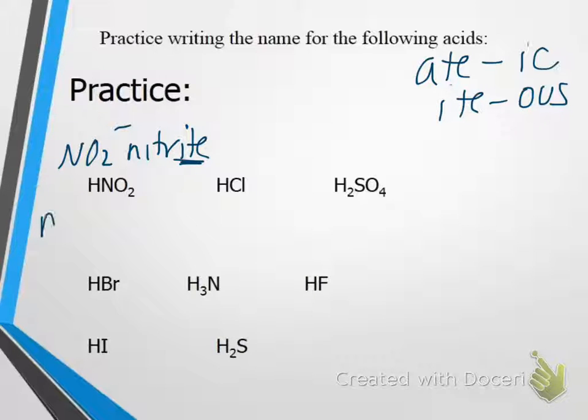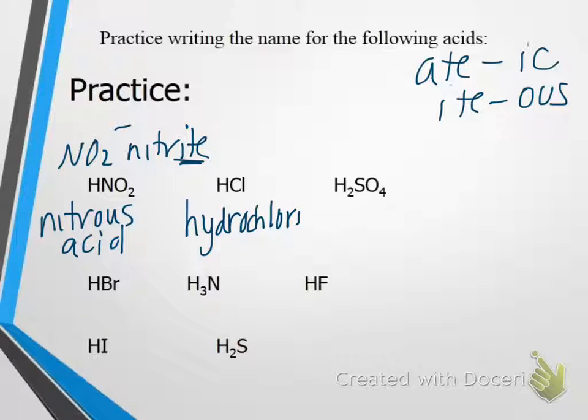Ite, nitrous. So this would be nitrous acid, okay? HCl, I do not have oxygen, so I use hydro. So that's hydrochloric acid. And I encourage you just to memorize that formula because we will use hydrochloric acid a lot in our next unit, okay?